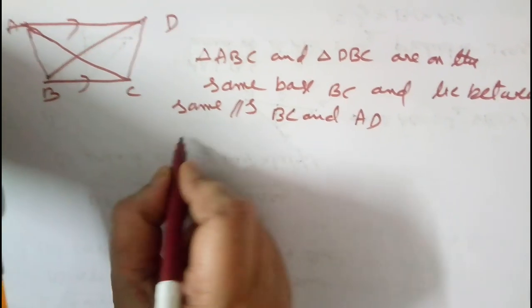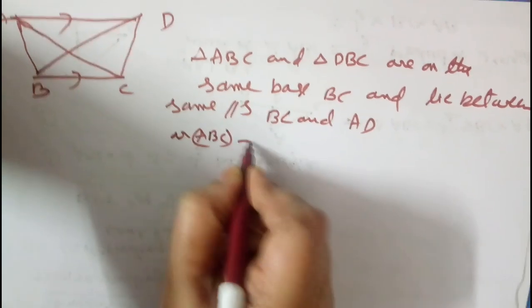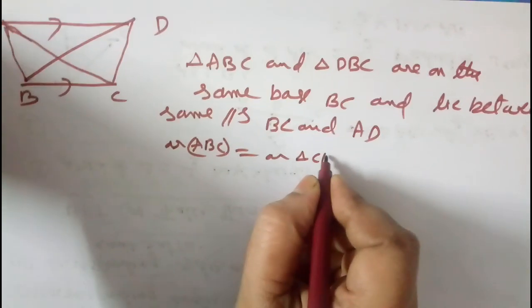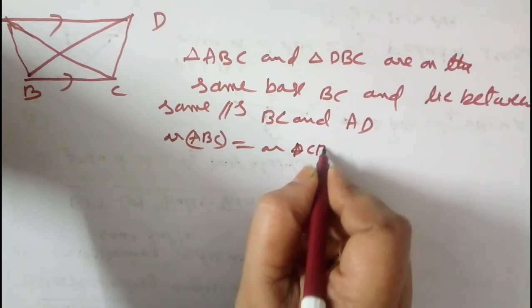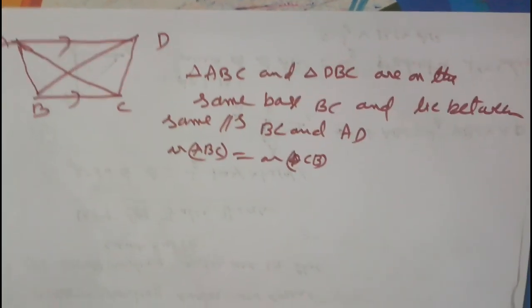Then area of triangle ABC is equal to area of triangle DCB. The two triangles are on the same base and between the same parallels, so the areas of the two triangles are equal.